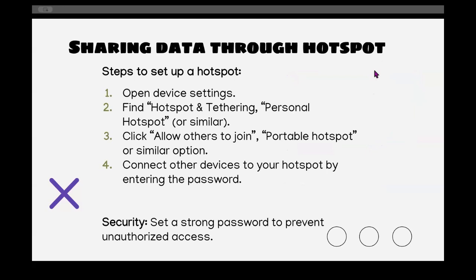Then you can click allow others to join, portable hotspot, or a similar option, and then you can connect other devices to your hotspot, usually again through entering a password. For security purposes, it's encouraged to set a strong password to prevent unauthorized access, since data is often something that you pay for and is limited, so that adds that additional protection.